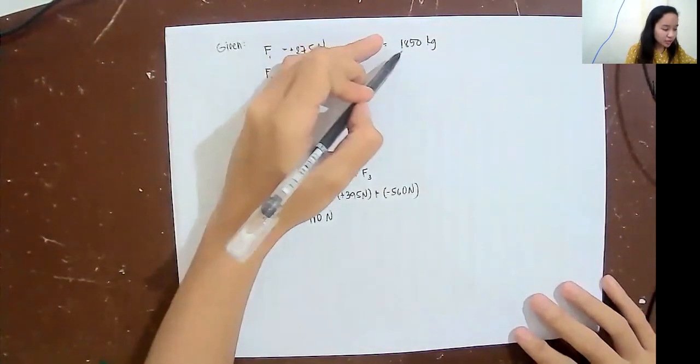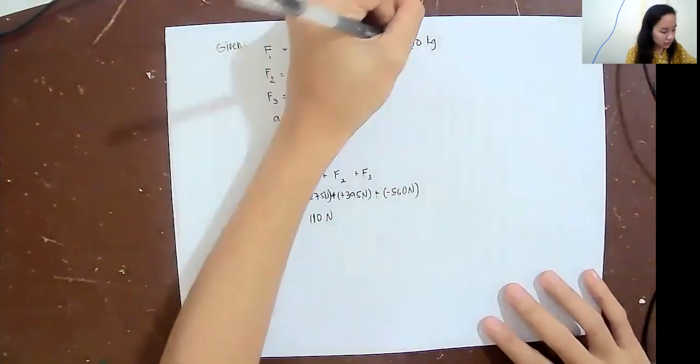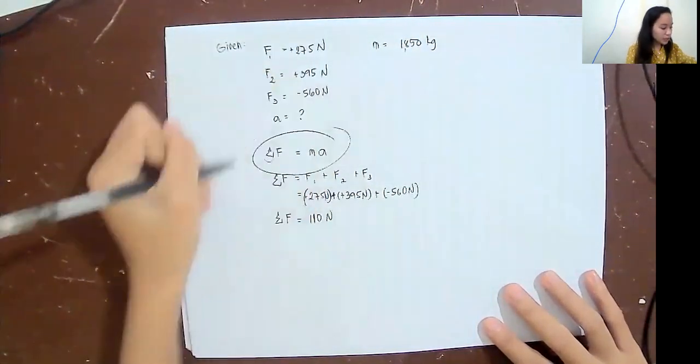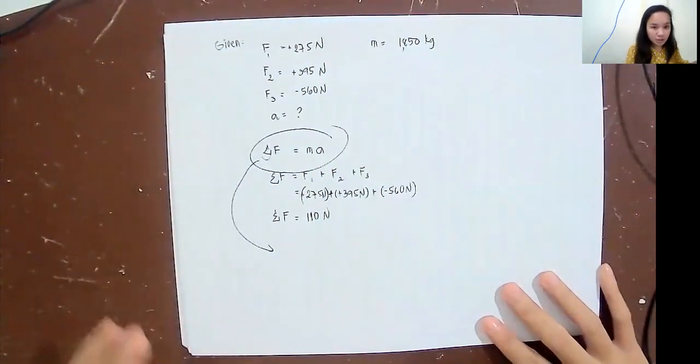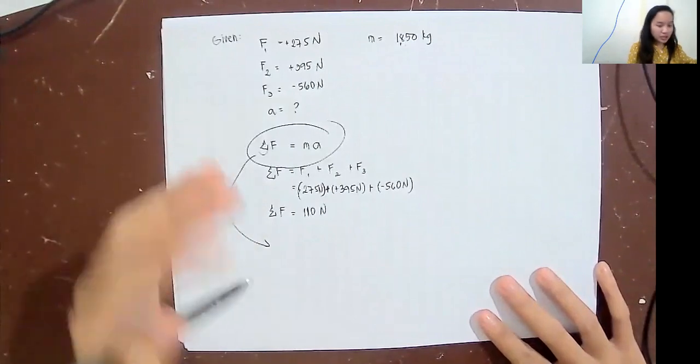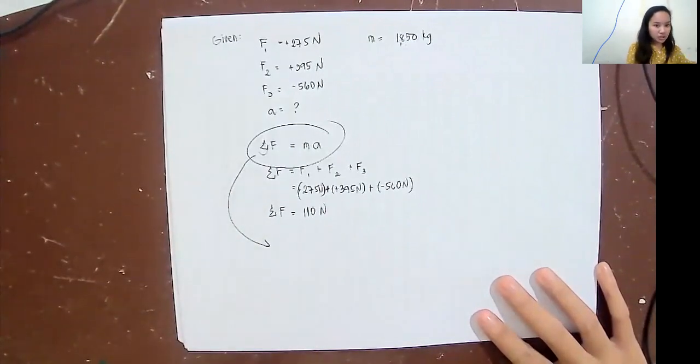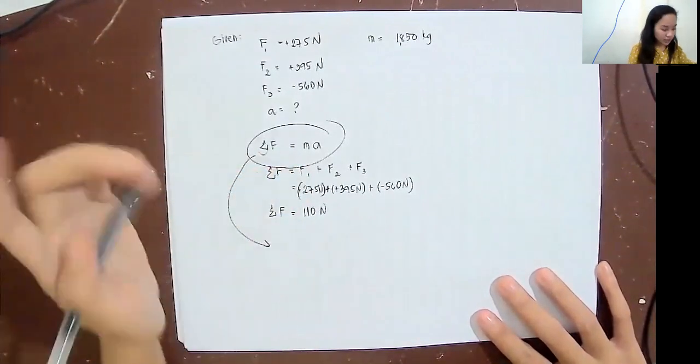And now you have a given mass, which is 1,850 kilograms. So what will happen to your formula? You transpose it to make sure that acceleration is the only variable on one side.